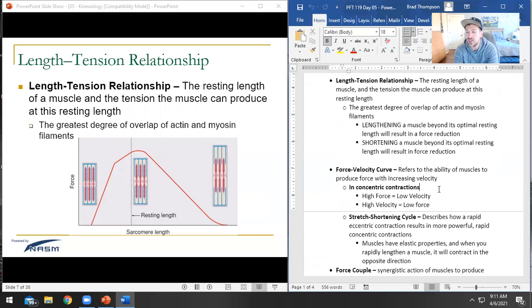A length tension relationship is the relationship between how long your muscle is and how much tension that muscle can generate at that length. If a muscle's over lengthened, it can't generate very much tension. If a muscle's over shortened, it can't generate very much tension. So we want to have a good length of our muscles so that they can generate as much tension as possible.